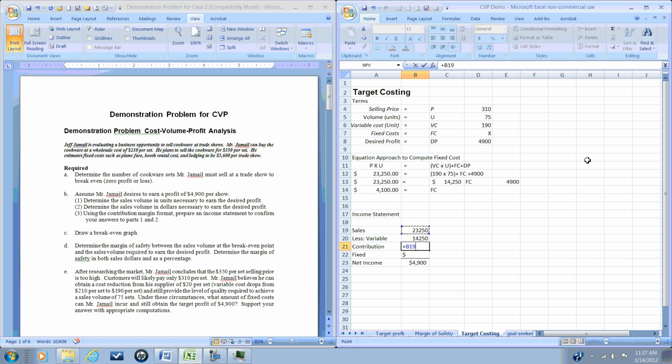That will give us a contribution margin of 9,000. We'll now subtract out our new fixed cost of 4,100, and 9,000 minus 4,100 gives us our desired profit of 4,900.